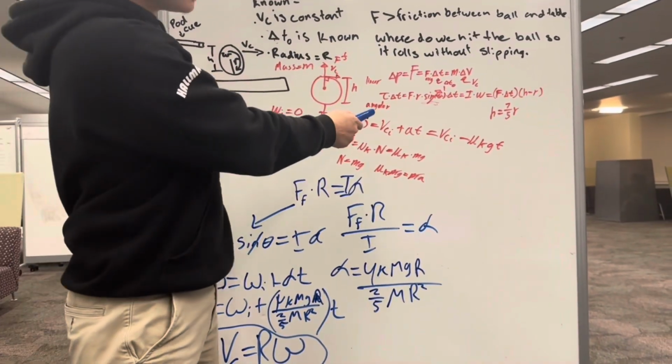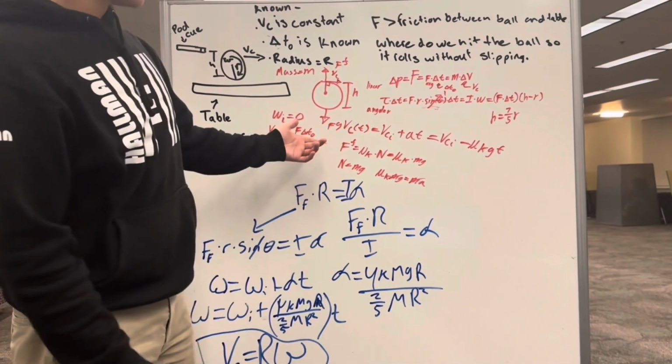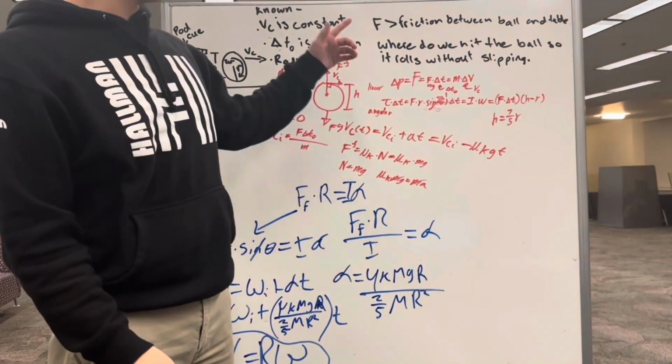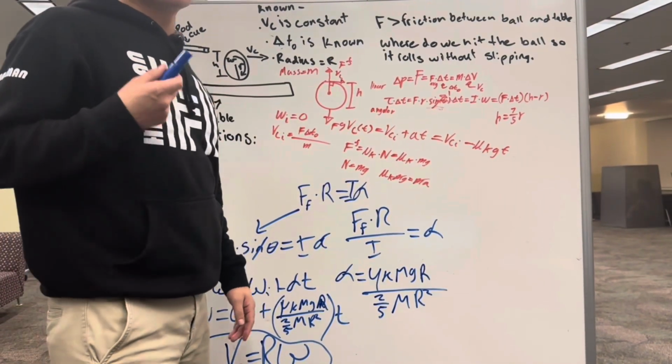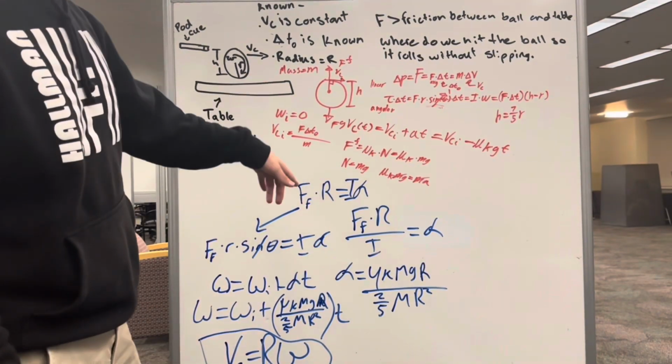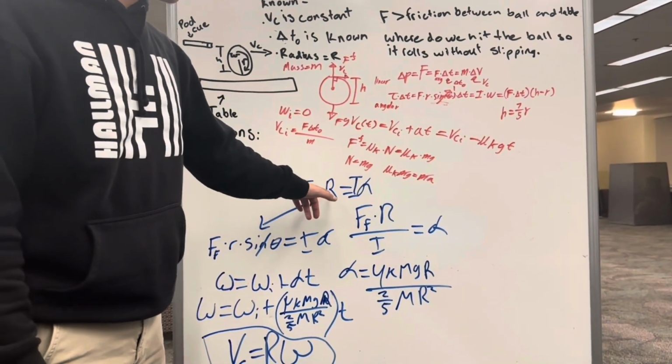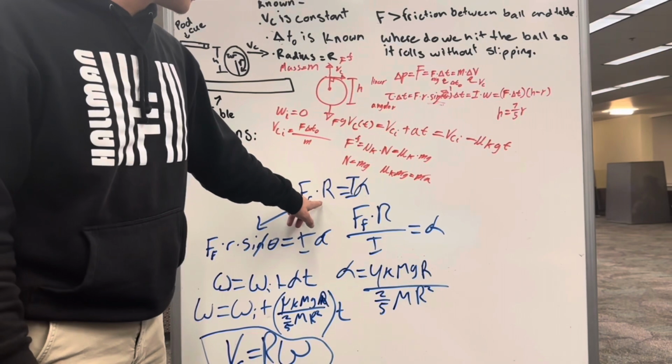Okay, since Hugo solved for translational velocity, we're going to solve for angular velocity. So we have our torque on the ball from the friction force.